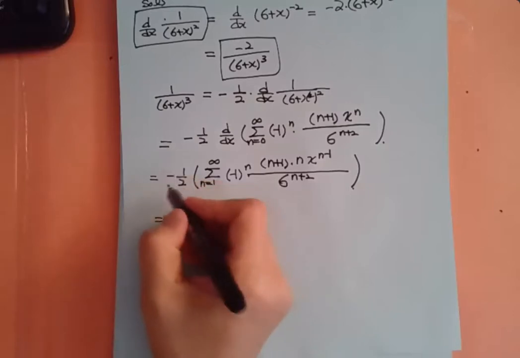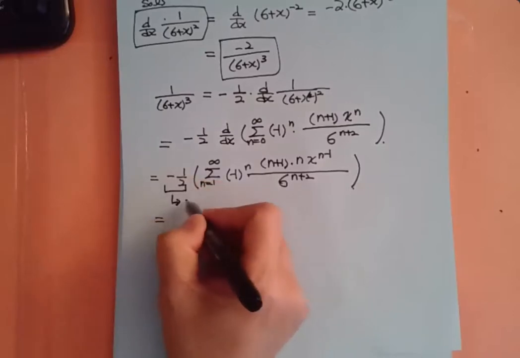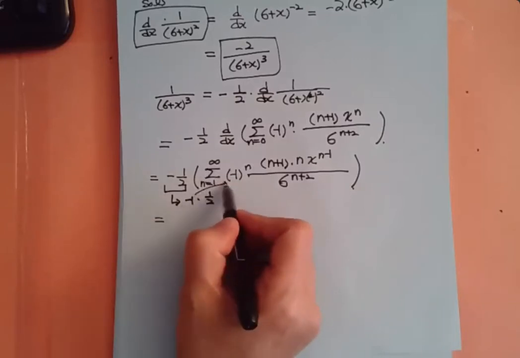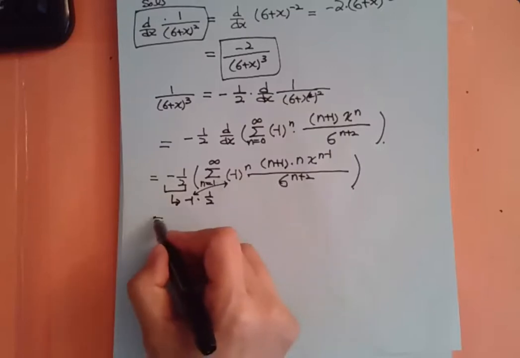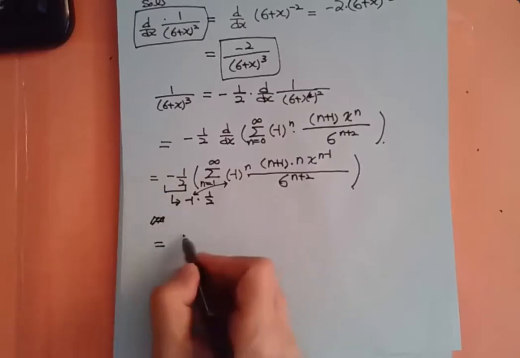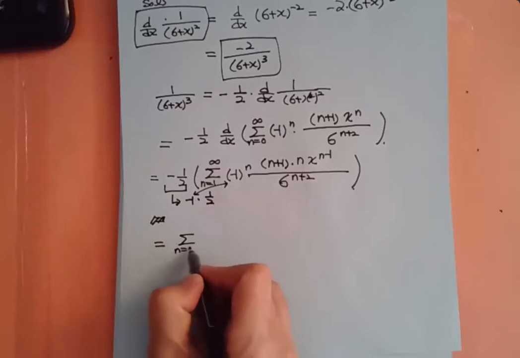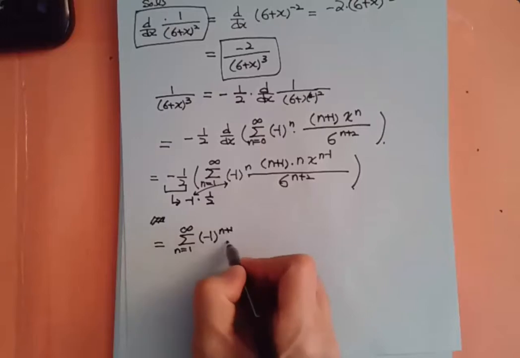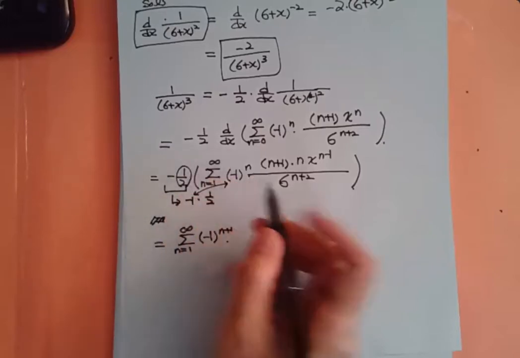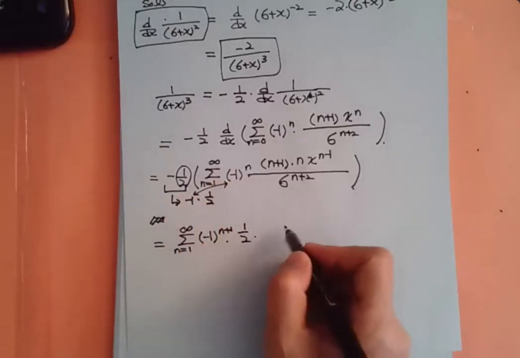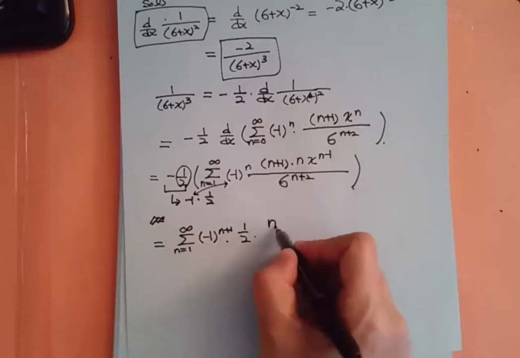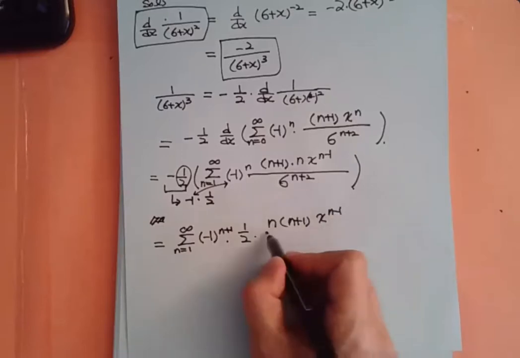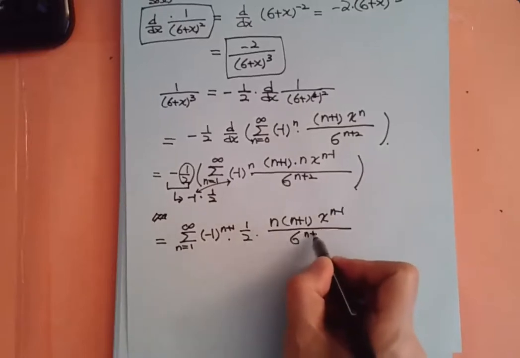And then this part can be written as -1 times 1 over 2, and this one can be combined with this one. Then what we can say is that becomes n equals 1 to infinity, -1 to the n plus 1 times 1 over 2 times n plus 1 times x to the n minus 1 over 6 to the n plus 2 power.